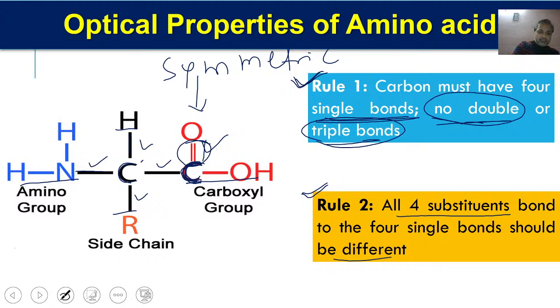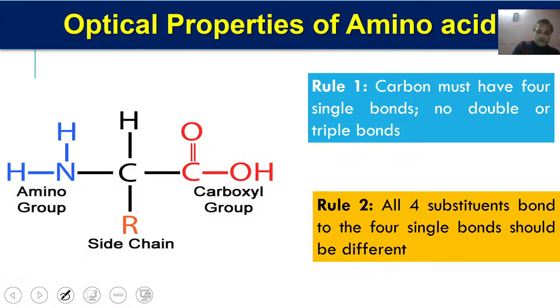Like I am going to write another compound. Is this carbon symmetric or asymmetric? This carbon which I have written here, is it symmetric or asymmetric? And if it is symmetric, why is it symmetric? If it is asymmetric, why is it asymmetric?